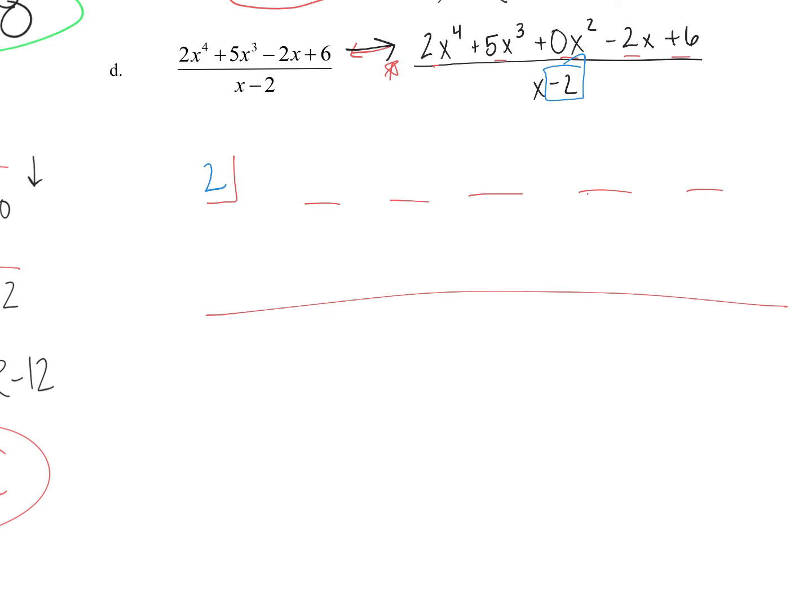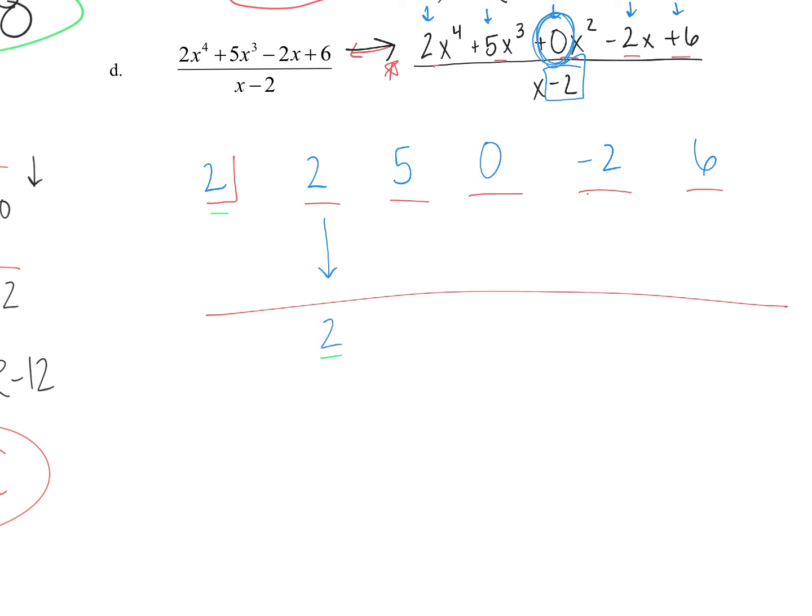And then from that step, you are going to write all of your coefficients on those lines. So I have a 2, a 5, a 0, that's important, that's a placeholder, negative 2, and 6. So you're going to drop this 2 down, and then we multiply.